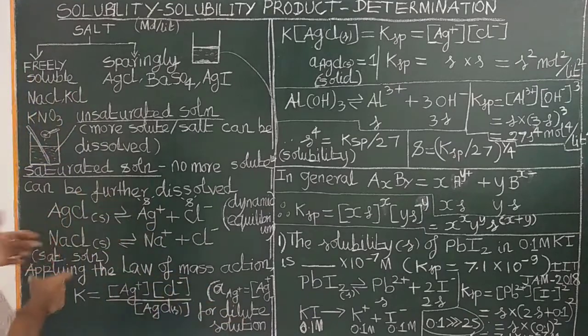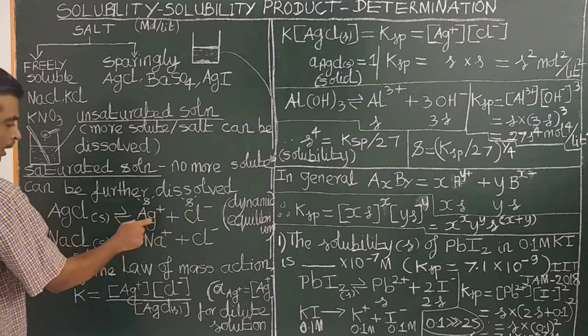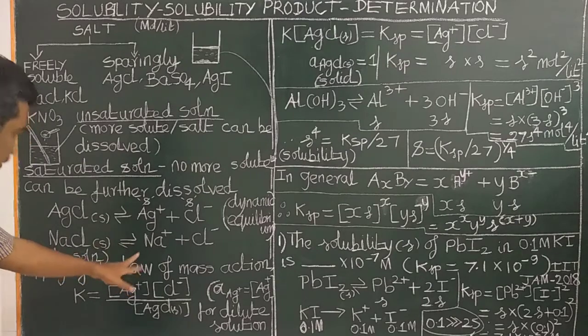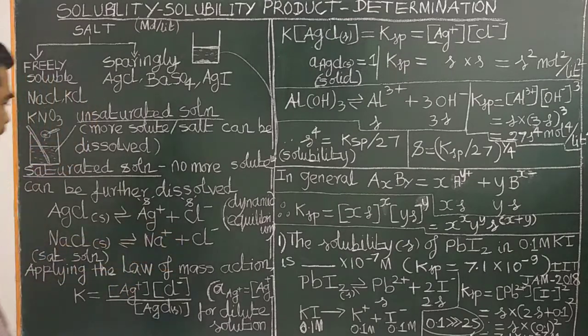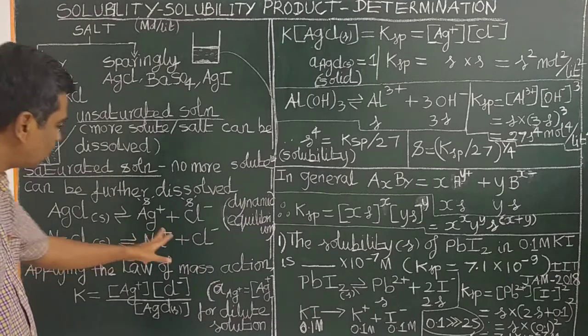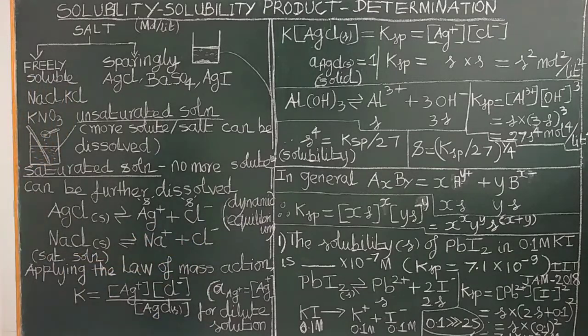There is an equilibrium between the undissolved salt and the soluble cation and the anions. For example, in the case of sodium chloride, in the saturated solution, there exists an equilibrium between sodium chloride solid, and the sodium ion and the chloride ions. Therefore, this is an equilibrium process.